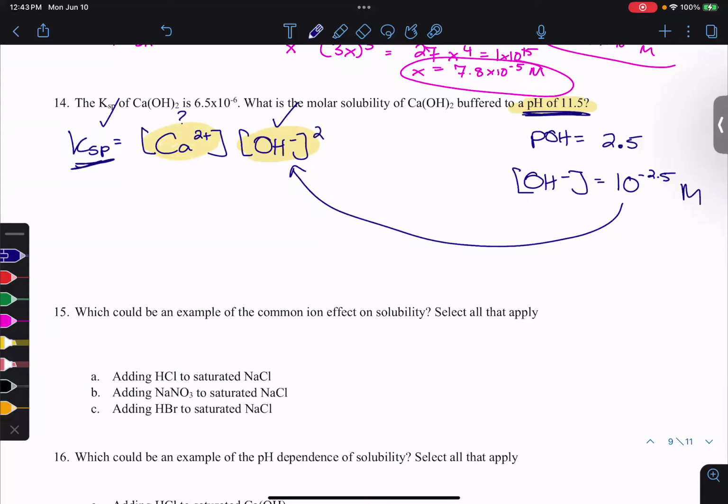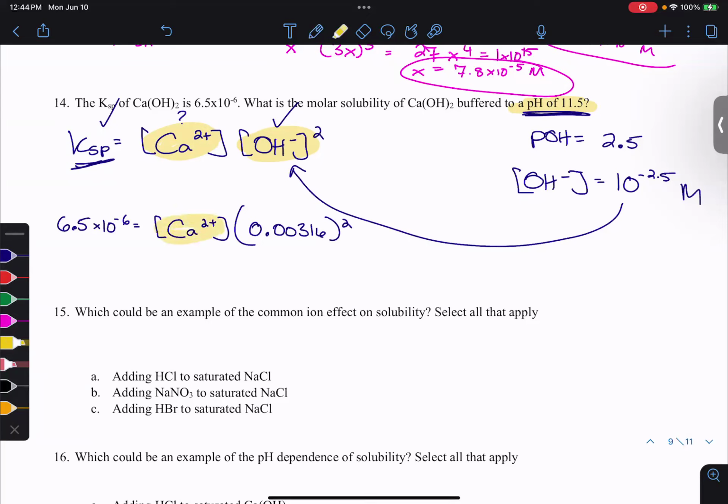So putting that all together, 6.5 times 10 to the negative 6. How much calcium can I put in there? Then the hydroxide is 10 to the negative 2.5. This is equal to 0.00316, but it is squared. And so you just solve for that.